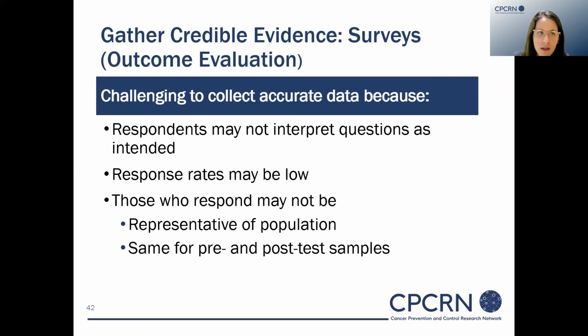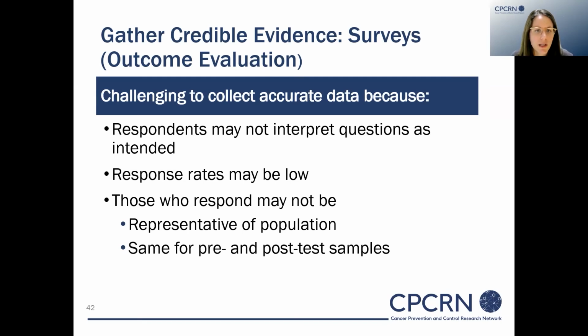So as a result, they might not be as representative of the overall population that you're trying to reach. And especially they tend not to be representative of the ones who are most at risk, which is who we really want to reach. So that's all to say that surveys for outcome evaluation tend to be very difficult, but surveys can be helpful more for process evaluation.